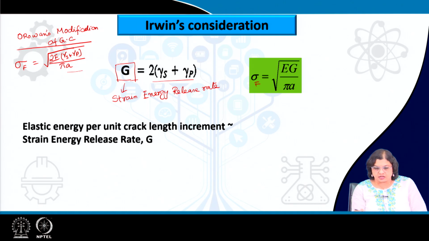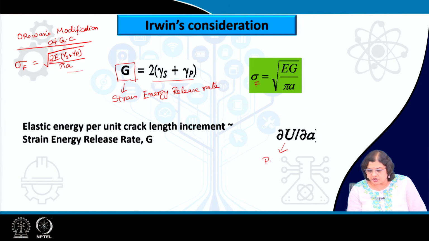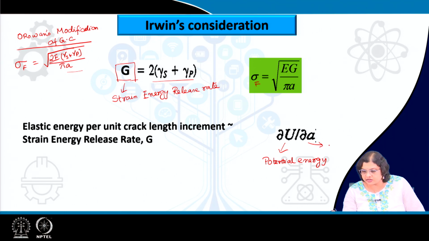This strain energy release rate is equivalent to del U by del a, where U is the potential energy or the elastic energy that is being released per unit crack growth.